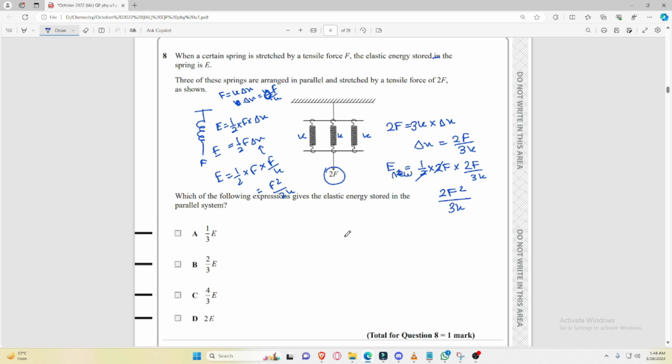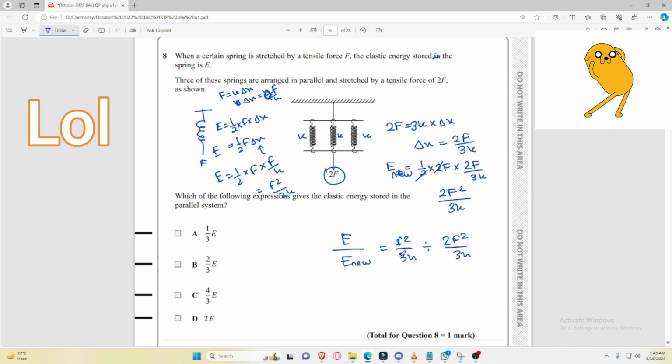If I make a ratio out of them, energy by energy new, if I divide it, then I can get one in terms of another. So F square by 3K divided by 2F square by 3K. Sorry, it was F square by 2K, it's not 3K.